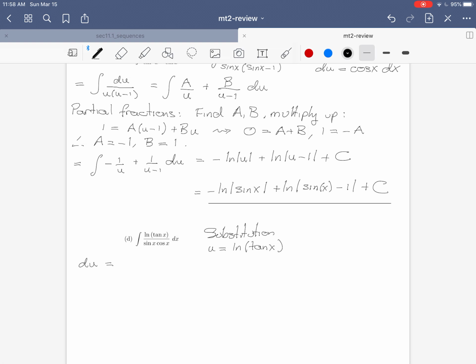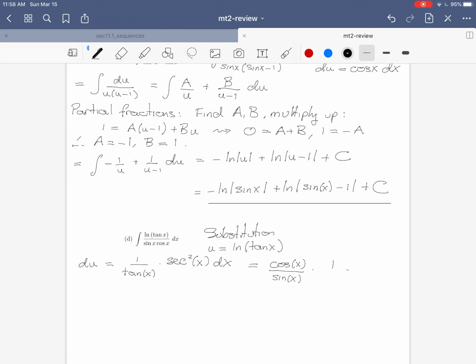So if we calculate du, by the chain rule, we have 1 over tan x, because the derivative of ln t is 1 over t, and then we multiply by the derivative of tan x, which is sec squared x dx. Let's simplify this a little bit. 1 over tan x is cos x divided by sine x.